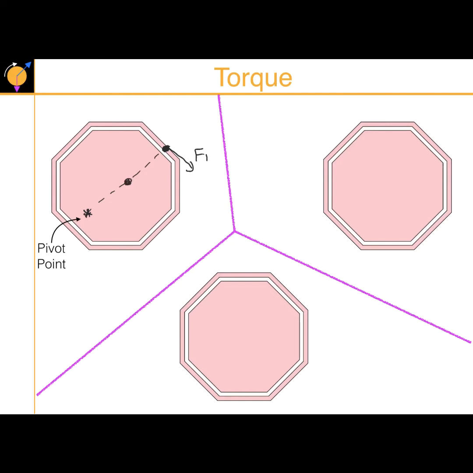And if I instead do F2, same magnitude but different location, what's going to happen? Well, it's the same force, but this one is making it turn more because it's further out. With the same force you're pushing and rotating around this point, and you're going to have twice as much rotational force, or torque.